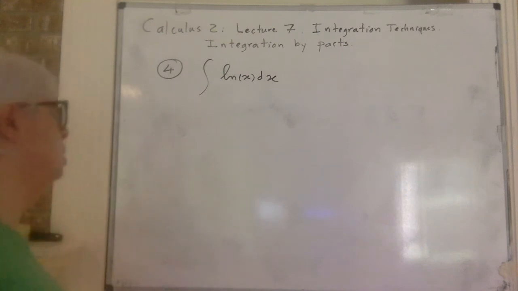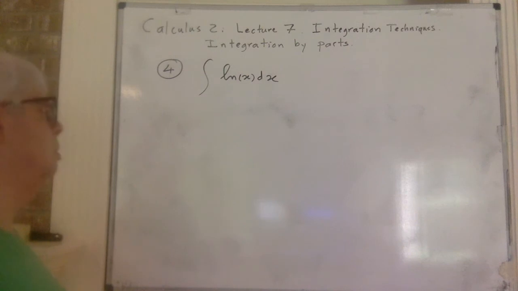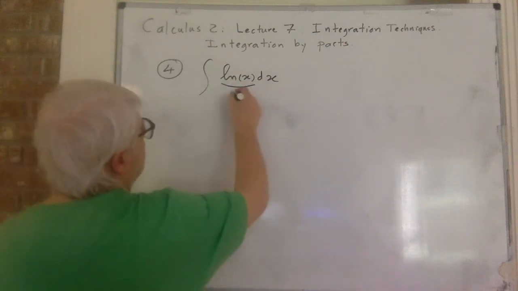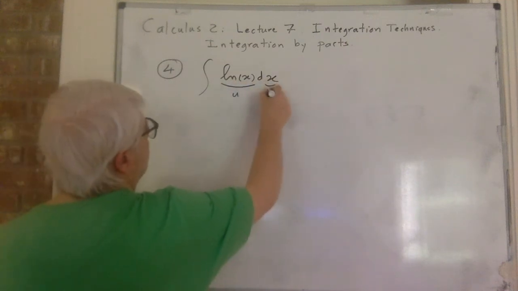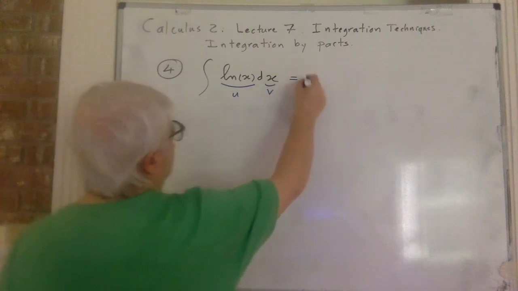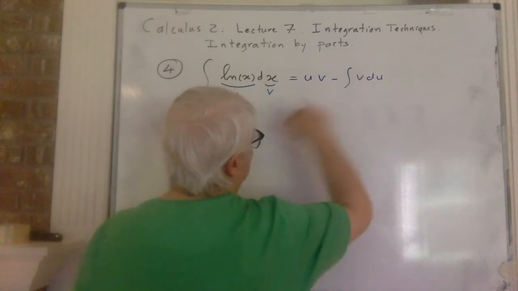You look at this and say, gee, this doesn't look like two functions. Well, yeah, it looks like that. But how about the other format? u v, u dv. Remember, that was uv minus integral v du.